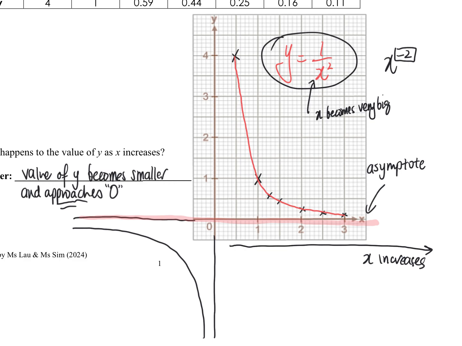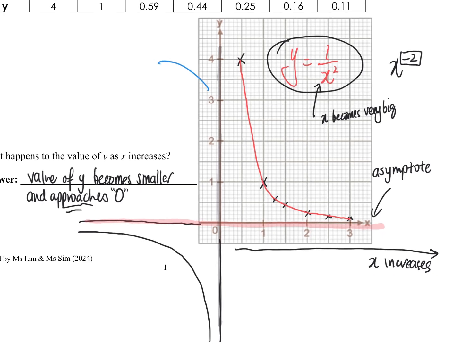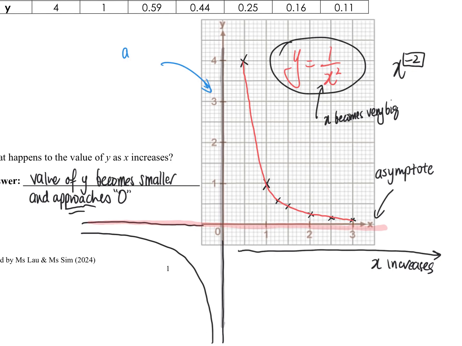No solution, okay? So it is never the case where you will ever get x equals to 0. So, in other words, this line here, okay, this line here is also the asymptote.